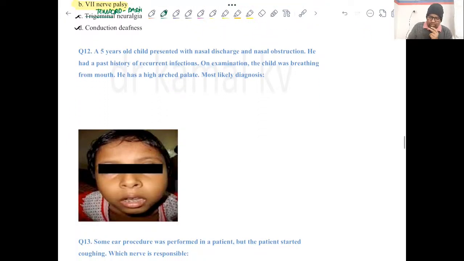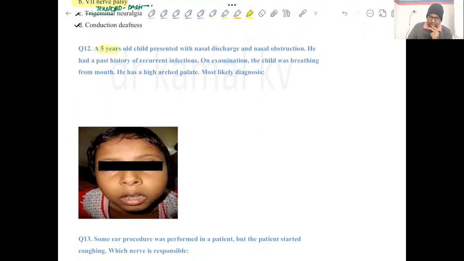Now, moving forward, a 5 year old child has nasal discharge and nasal obstruction, and there is a past history of recurrent infections. On examination, the child was breathing from the mouth. He has a high arched palate, most likely diagnosis. Now, if you directly jump onto the image without looking at the MCQ statement, you might think of juvenile nasopharyngeal angiofibroma, but we have to study the questions very well.